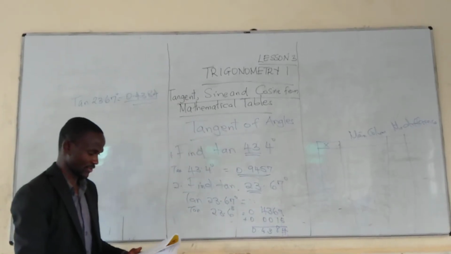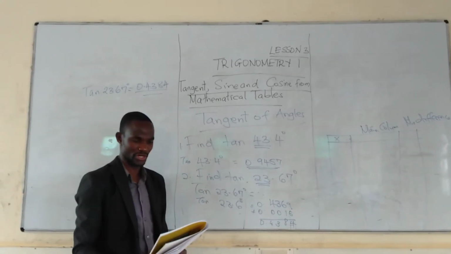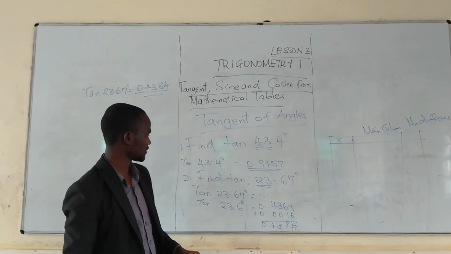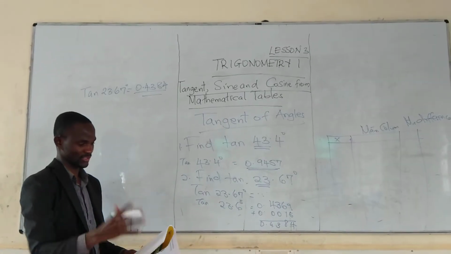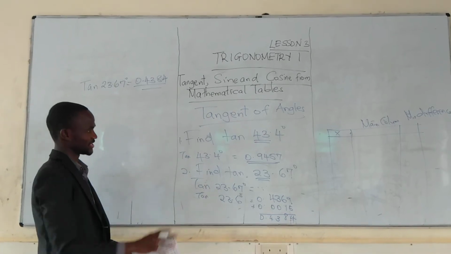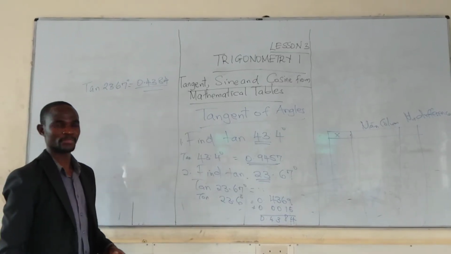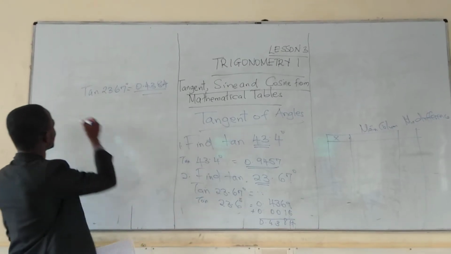That's the answer. So basically it's not something new when we are looking at the table, something that you are already used to. The only thing that is coming in now is that we go to where we have natural tangent. So basically that is for tan from the tables.